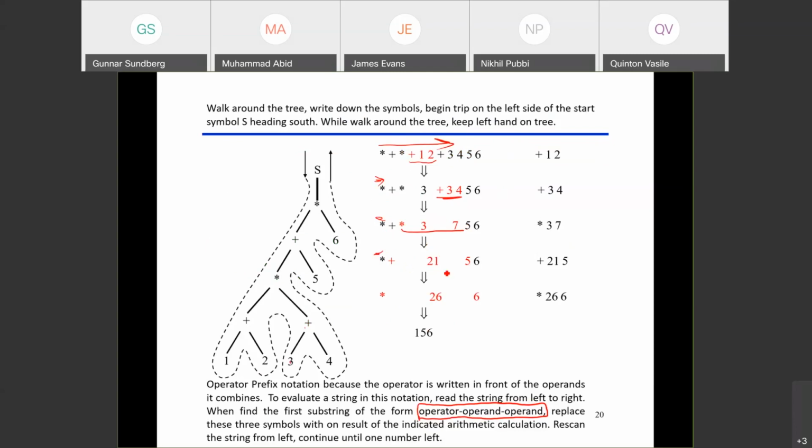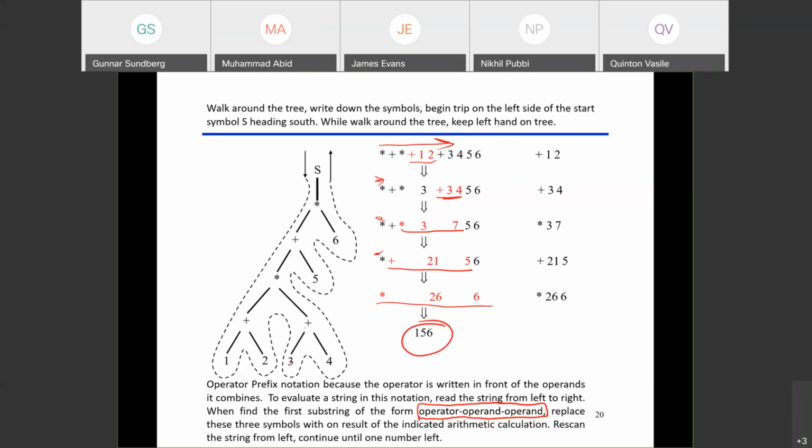We solve this: 21 plus 5, 26. And operator, operand, operand. We solve this, 156. And this way you figure out that if you have an arithmetic expression, you convert it into tree form, then you can flatten the tree, and then you solve it by applying Lukasiewicz notation, and you get the final answer 156.